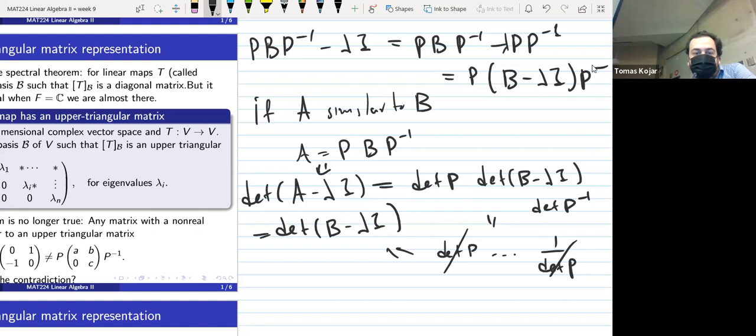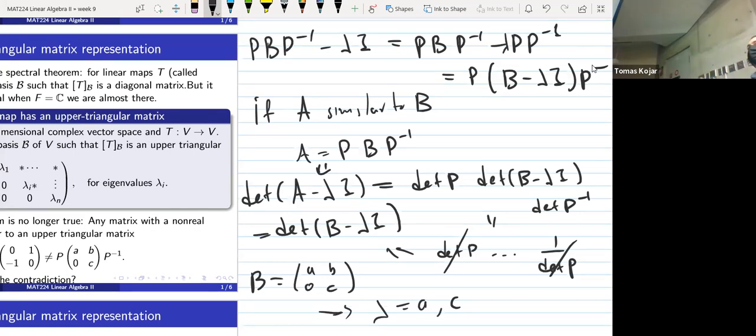And exactly, every upper triangular matrix, so if B was [[a, b], [0, c]], then the eigenvalues would just be a and c, just the diagonal entries. I mean, you can do this by force, you just compute the characteristic polynomial and find the roots.